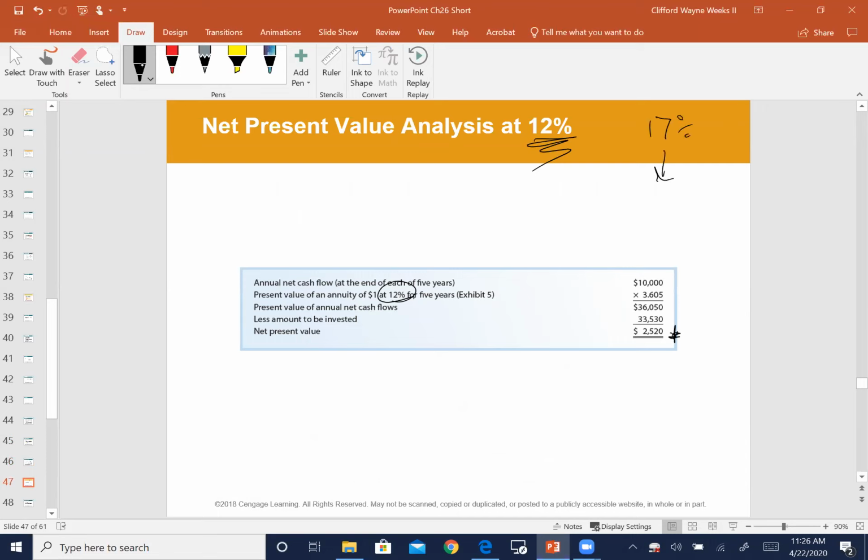That one's going to lead into a negative. Then you try 13. That's still going to give you a positive. Then you try 16, and so on and so on, until you find where this equals 0. That's your goal.